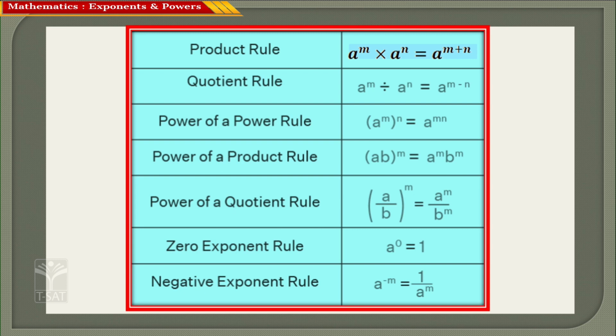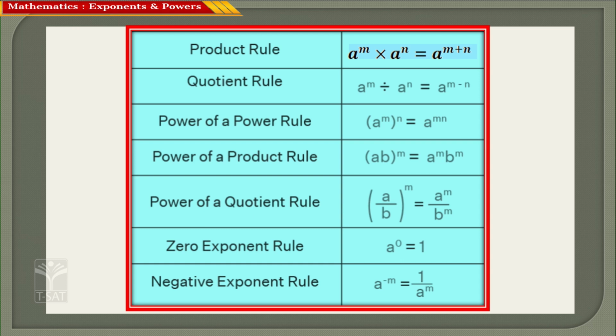We know that a power m into a power n is equal to a power m plus n. Likewise, we can see that a power m by a power n is equal to a power m minus n. And of course, even we know that a power m whole power n is equal to a power mn.